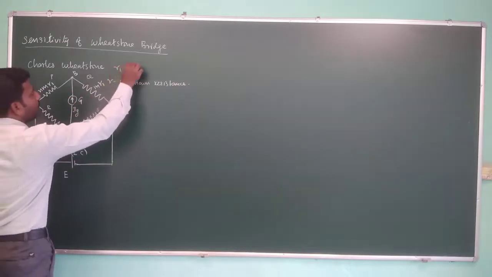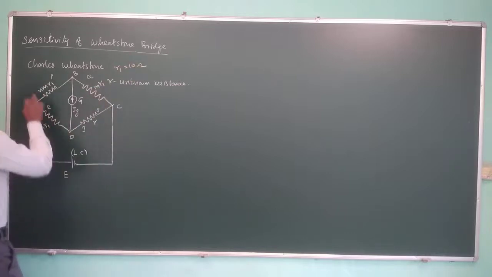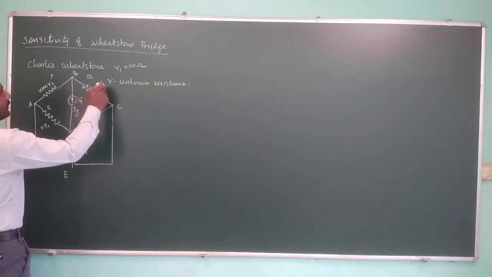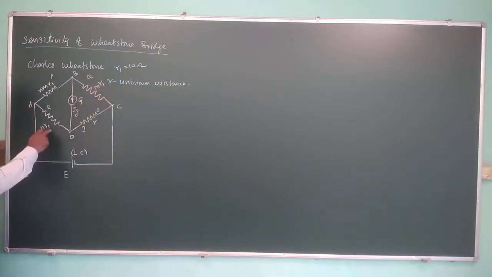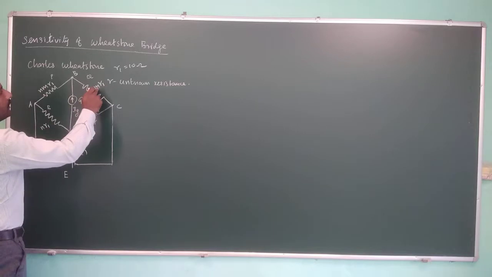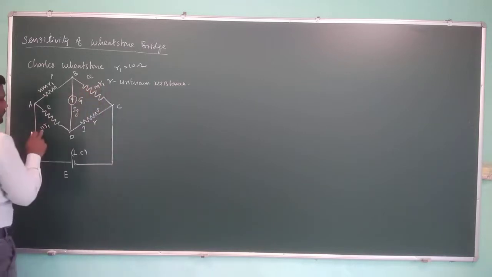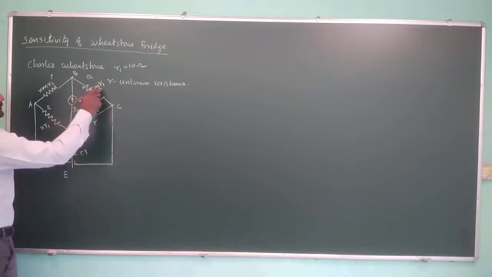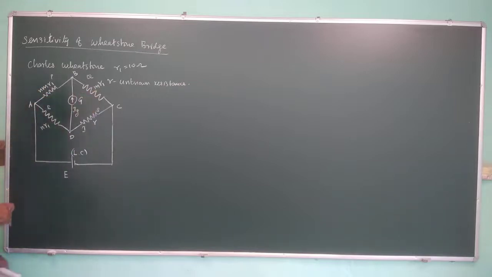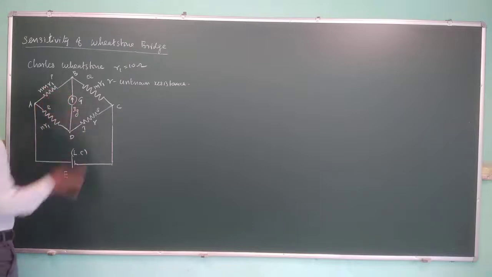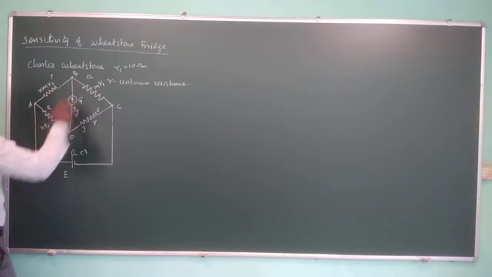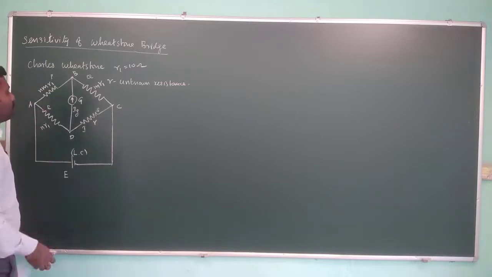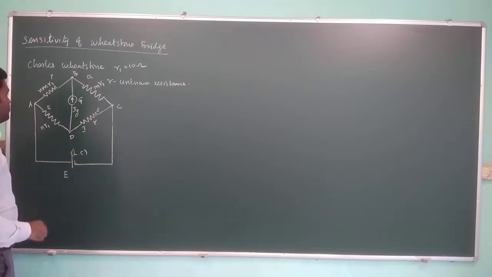Suppose R1 equals 10 ohms, the naming idea for these three resistors is: this one contains m times R1, this one contains n times R1. For example, it may have 2 R1, that is 20, and it may have 3 R1, that is 30. If this is the case, 2 into 3 is 6, so this should have 60 ohms. In that way, in terms of R1, we are naming all three resistances. They are multiples of the resistance value R1, and this is R, which is unknown.